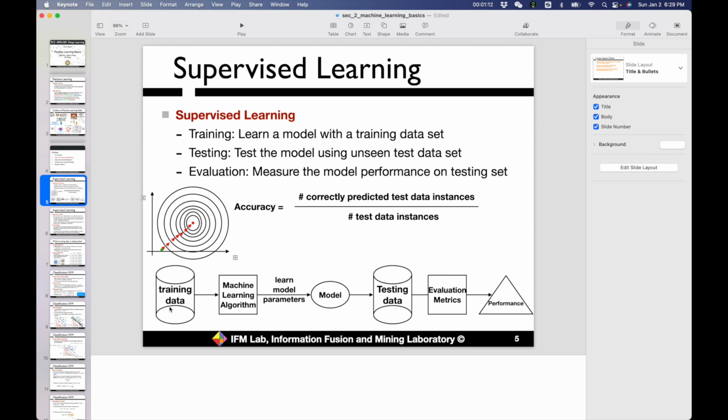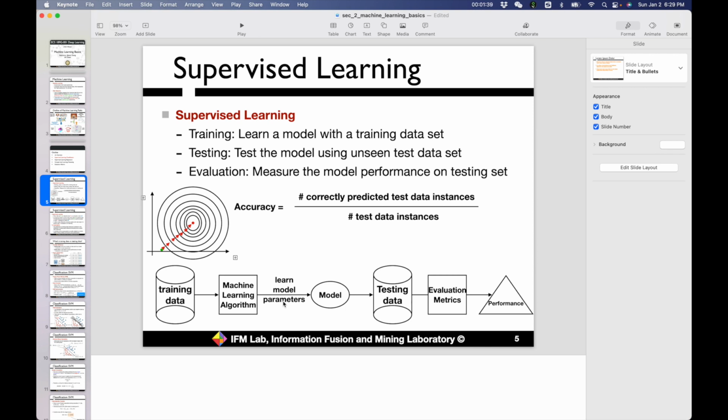Let's assume we have training data. In the training data, we know the data with the labels. Like given an image of a dog, we know it's an image about a dog. We know the label. Based on the training data, we can train a machine learning model, which will be a mapping. Training the model means we want to learn the model parameters, because in most machine learning models, we have parameters to be learned.